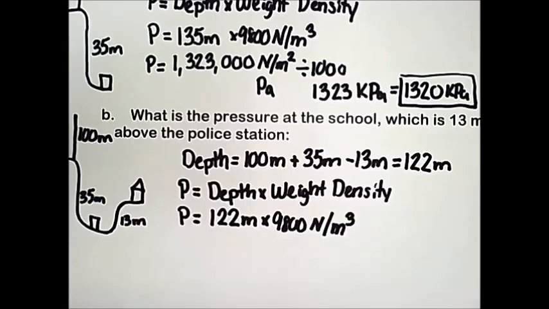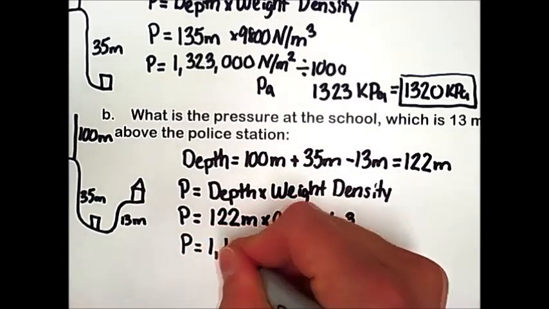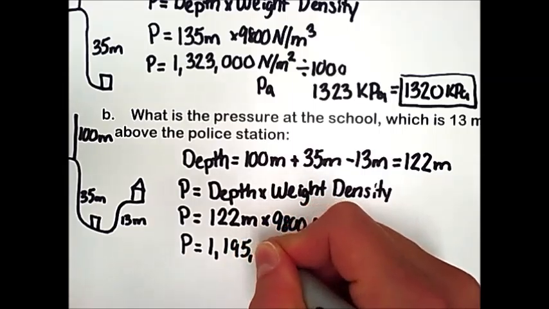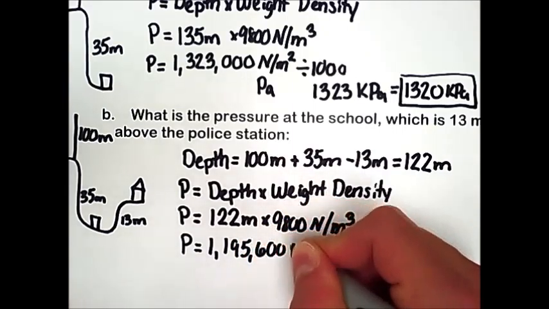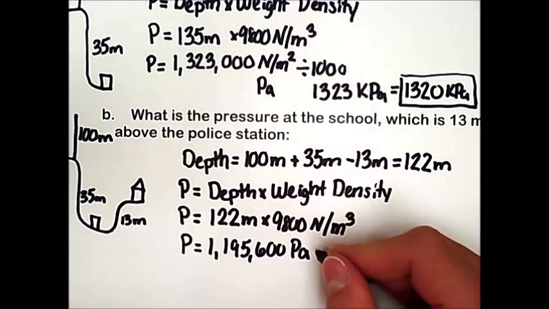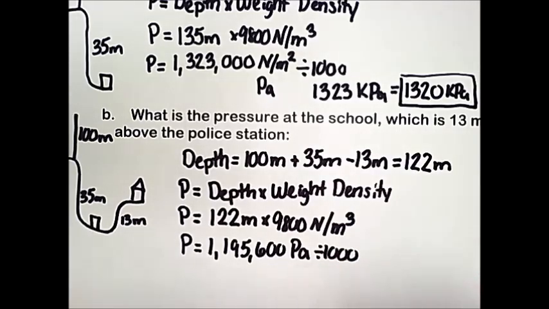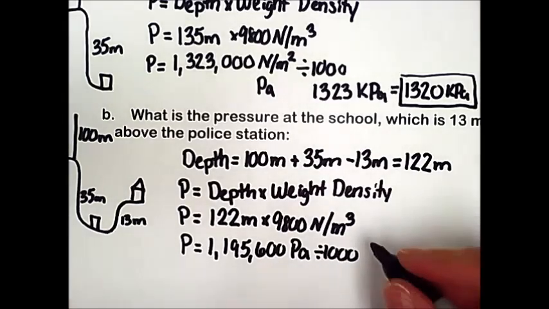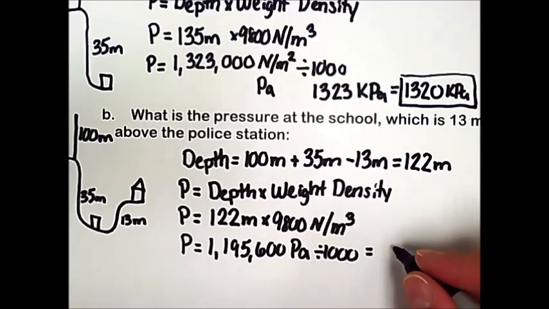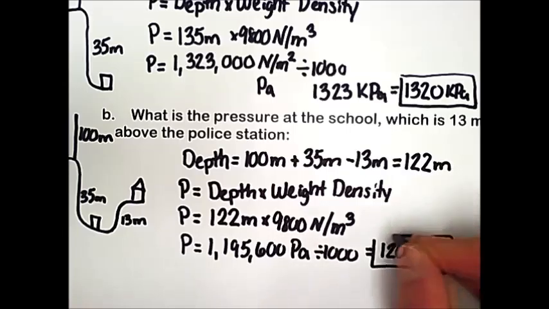Multiplying these two numbers together, we get a pressure of approximately 1,195,600 pascals. Again, we convert this into kilopascals by dividing by 1,000. Rounding to 3 significant digits gives us approximately 1,200 kPa for the pressure at the school.